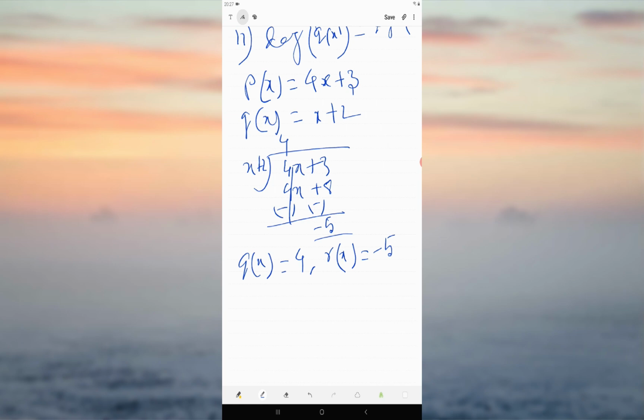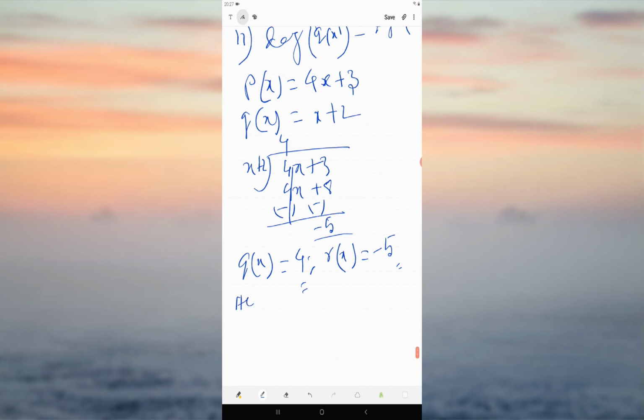So degree of q(x): here, if you see, the degree of q(x) is 0, and the degree of r(x) is also 0, because there is no factor of x, there is no power of x. So x to the power 0 is 1. Hence the degree is 0 in both cases, correct?